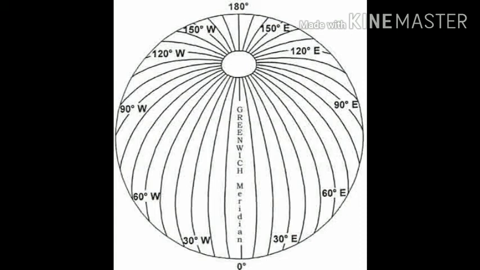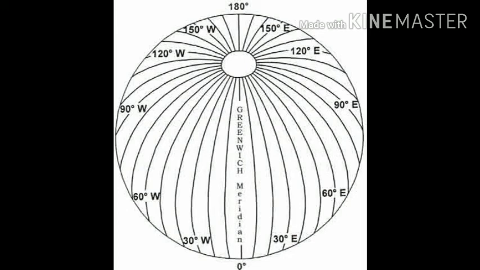That is, it divides the earth into eastern and western hemisphere, while the equator divides the earth into northern and southern hemisphere horizontally. The shape of these meridians appears to be semicircular.